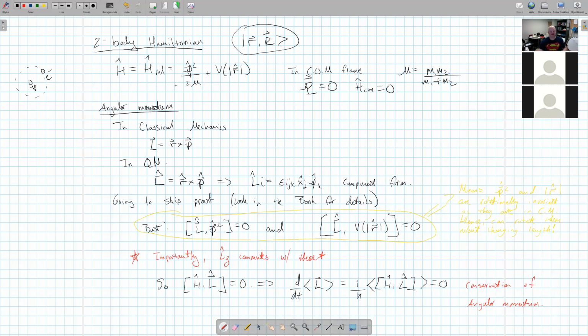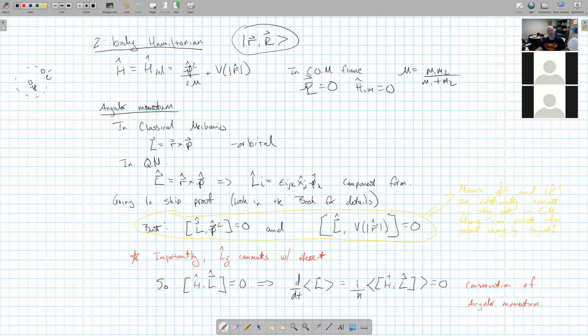So that's where we finished last time. So from here, we're going to pick up with angular momentum. So remember that in classical mechanics, angular momentum is L. So here we're talking about the orbital angular momentum. It is equal to r cross p. In quantum mechanics, it's exactly the same thing. We're just going to promote everything into an operator.